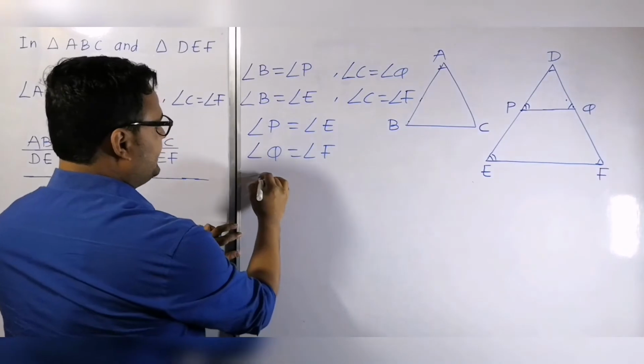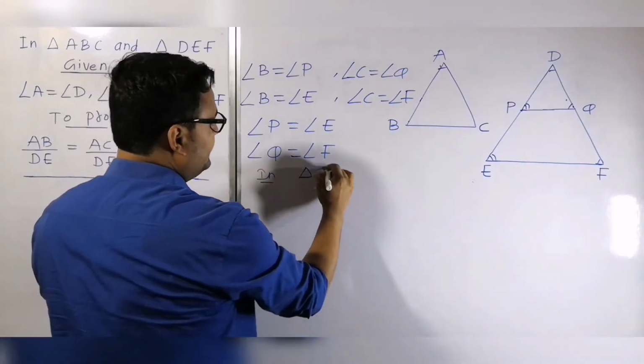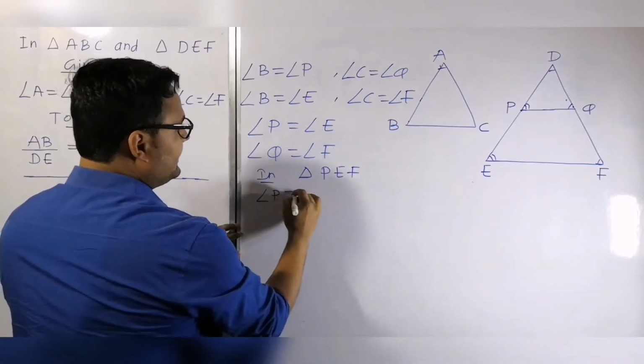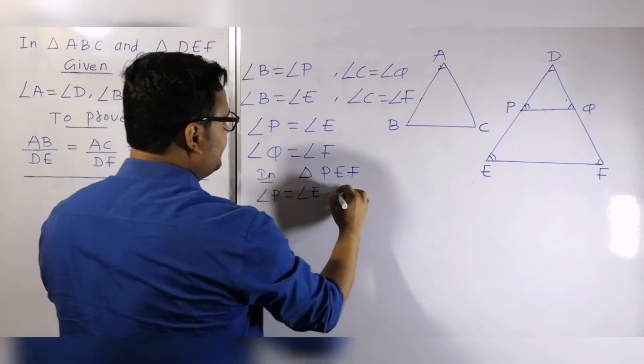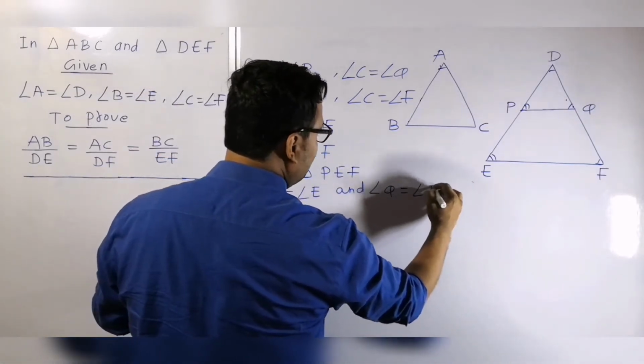So I'll write here, in triangle PEF, angle P equal angle E and angle Q equal angle F.